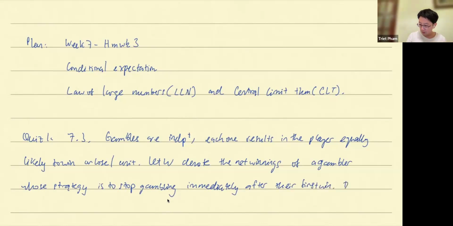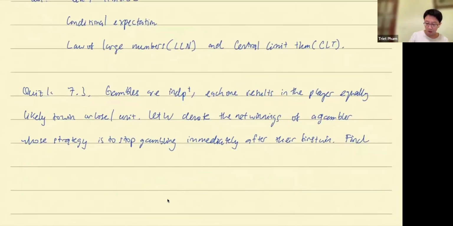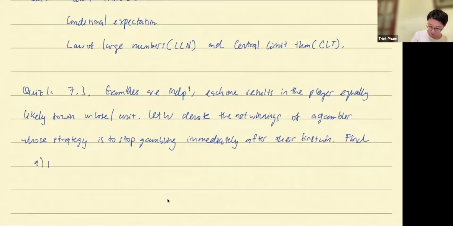Okay. And then find A, probability W is positive, B, probability W is negative, and C, expectation of W.